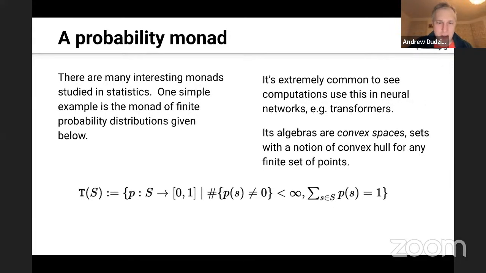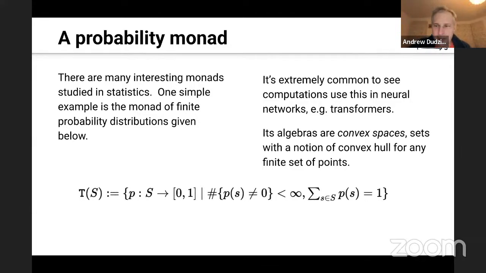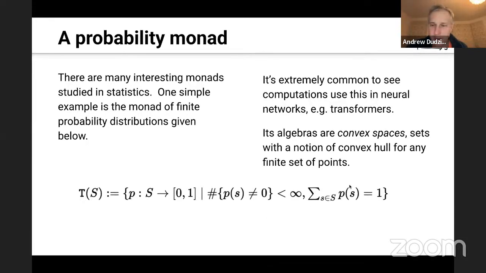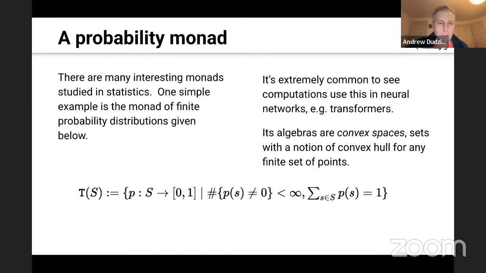Question is, what category is this monad defined on? This is just defined on the category of sets. If you do this on finite sets, you don't need to have this annoying condition, but I just said finitely supported to make sure that we don't run into any trouble.